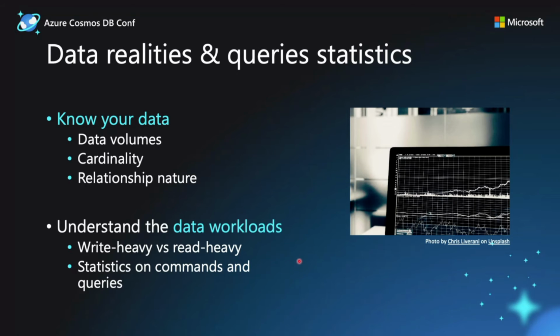In terms of data workloads, it's also very important to understand whether we have a write-heavy or read-heavy application. It would be really good to have these statistics gathered. And if we build something from scratch, not migrating an existing application, we need to understand at least at an order-of-magnitude level what use cases and scenarios we're going to have, and which queries are going to be more popular and less popular.